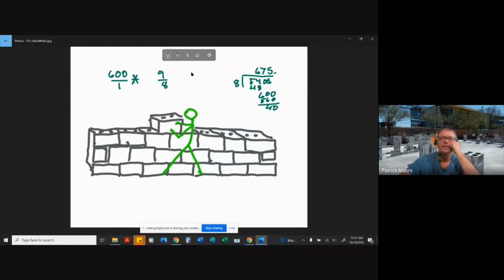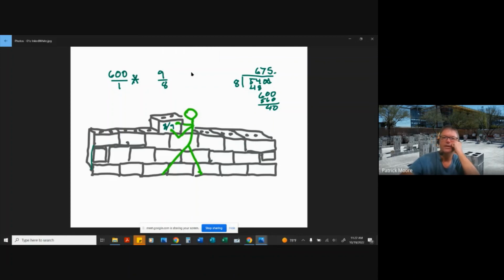So what we did is there's 600 square feet in the whole wall. There's 8/9 in one. We did 600 divided by 8/9, and the answer was 675. So does that make sense with our estimate?